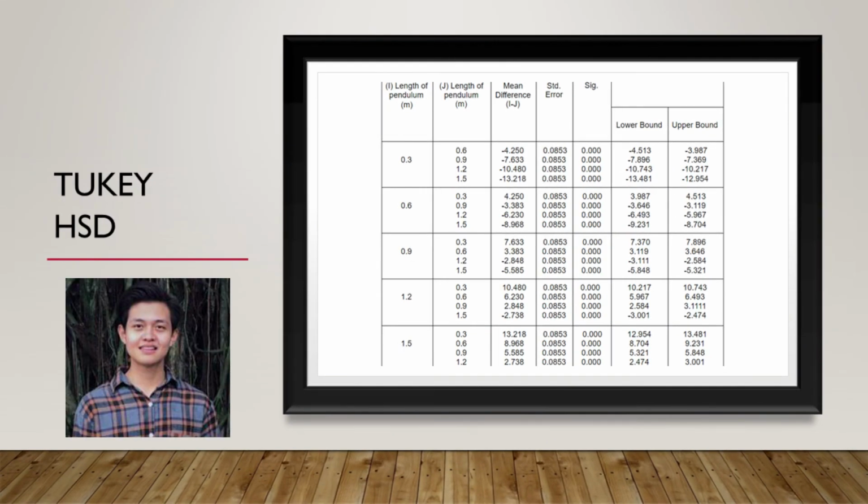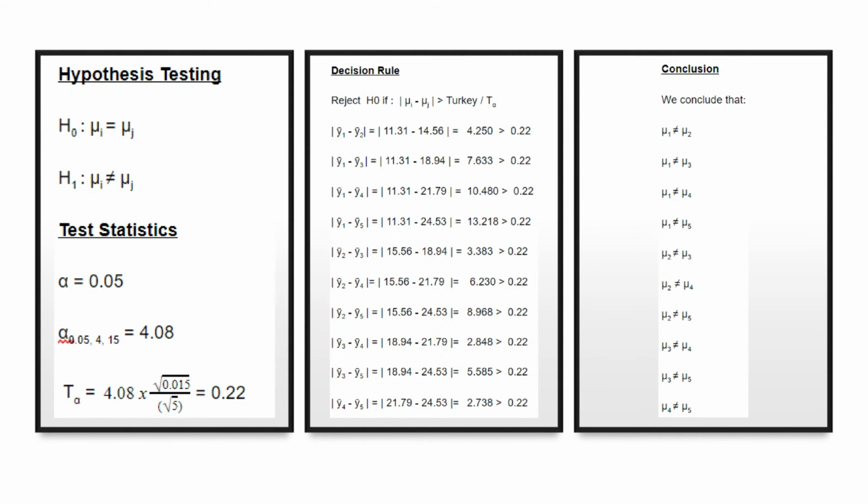Okay, next one, we conduct Tukey HSD. Based on table 3 Tukey, we calculate the mean difference I minus j, standard error, significance, and 95% confidence interval, lower bound and upper bound. After that, we conduct hypothesis testing for H0, mu I equal to mu j, and H1, mu I not equal to mu j. For the test statistic, alpha we use 0.05 and get T critical 0.22.